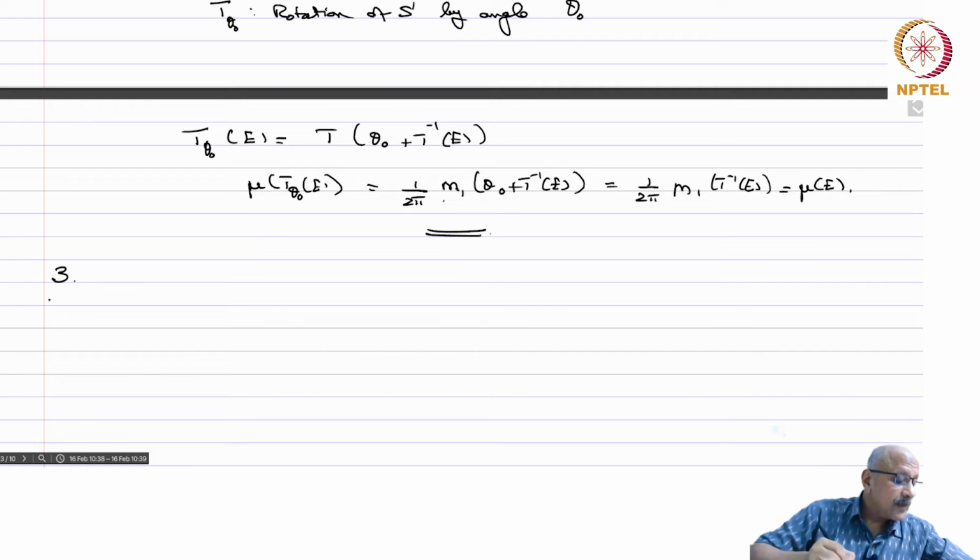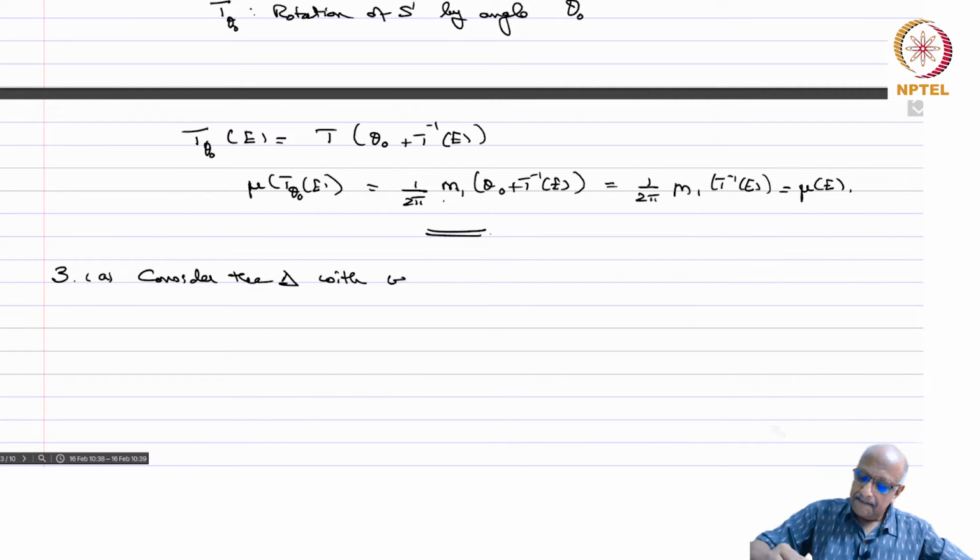3(a). Consider the triangle with vertices (0,0), (1,0) and (0,1).